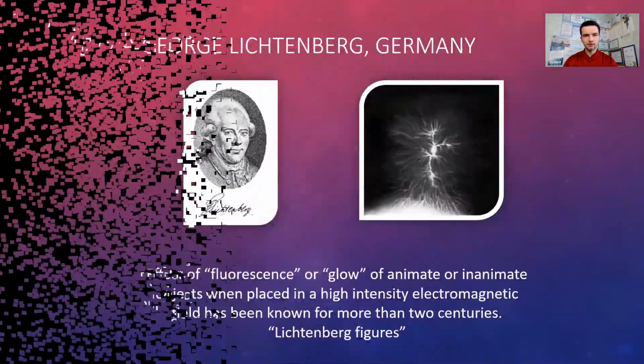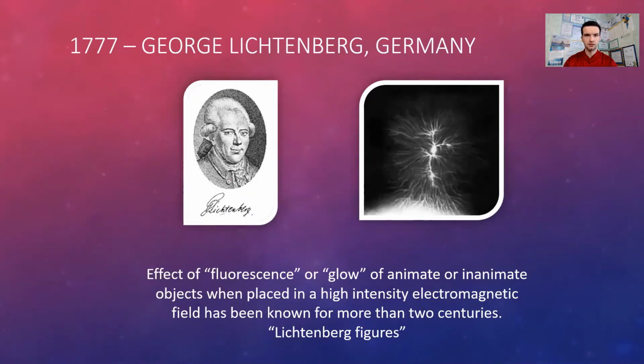So the first name that we need to remember is George Lichtenberg from Germany. In 1777, he was making an experiment with a metal rod that was covered with glass.